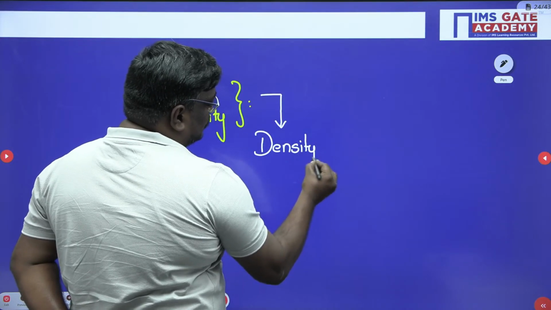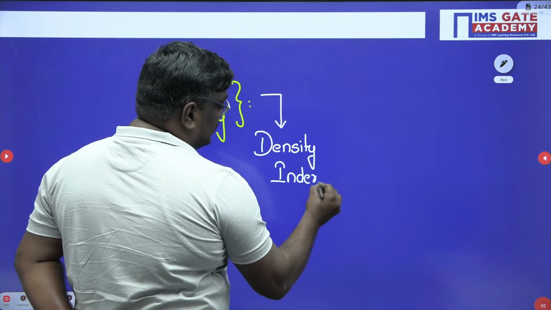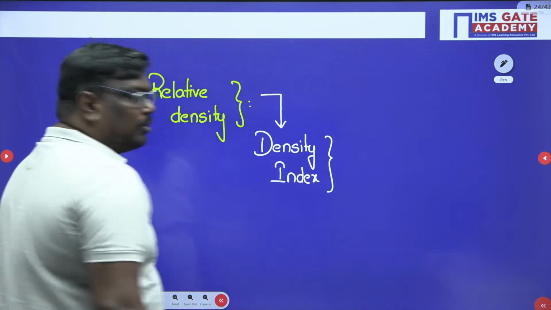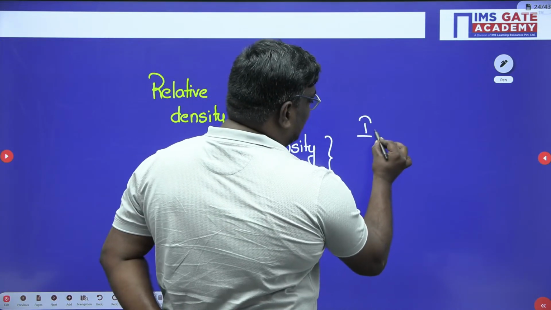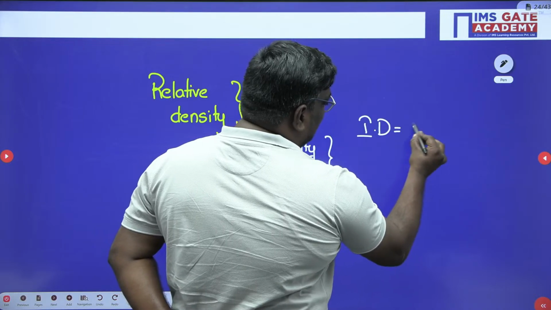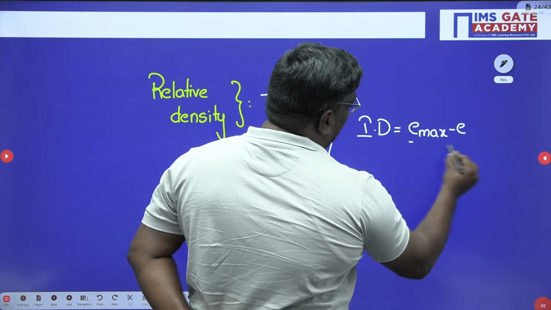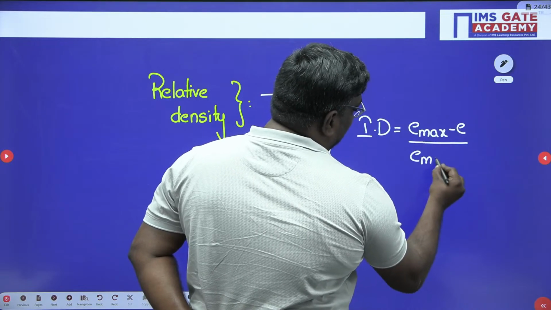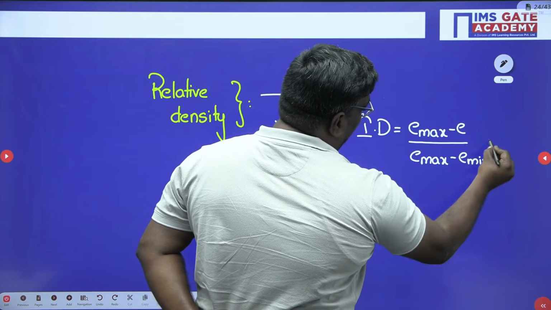The density index I_D is equal to (e_max minus e) by (e_max minus e_min) into 100.